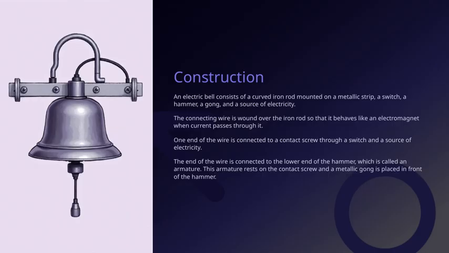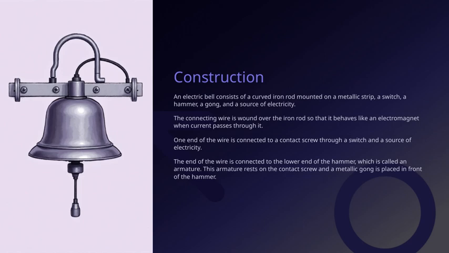The other end is attached to the lower part of the hammer, which is called an armature. The armature rests on the contact screw and is positioned in front of the metallic gong. When the circuit is completed and current flows, the electromagnet pulls the armature, causing the hammer to strike the gong and produce sound. This simple yet effective design highlights the fundamental principles of electromagnetism that are central to many electrical devices we use daily.